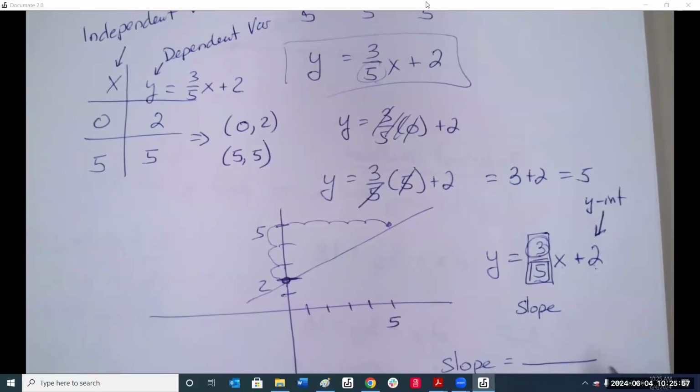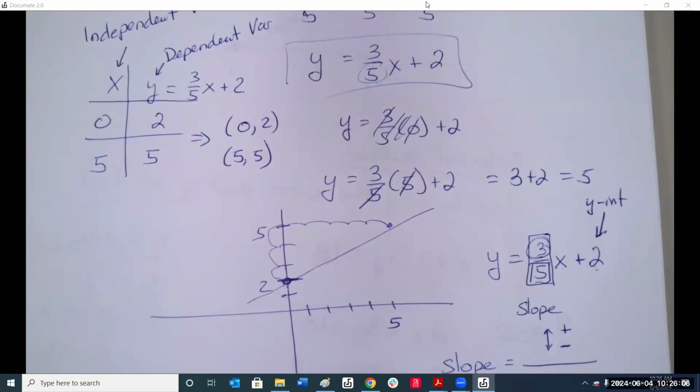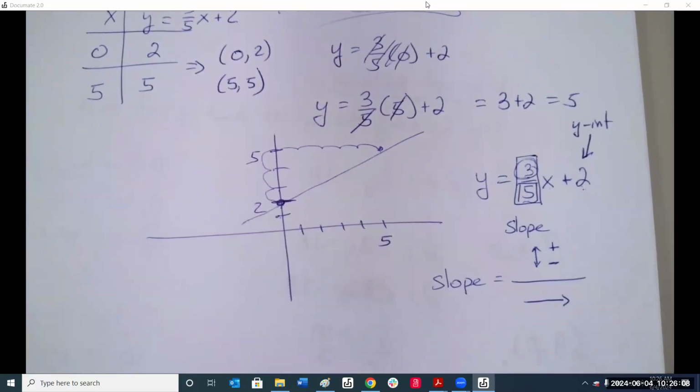So the slope is either going to be up or down. Up if it's positive, down if it's negative. And the bottom number is always going to be positive. It always goes to the right.